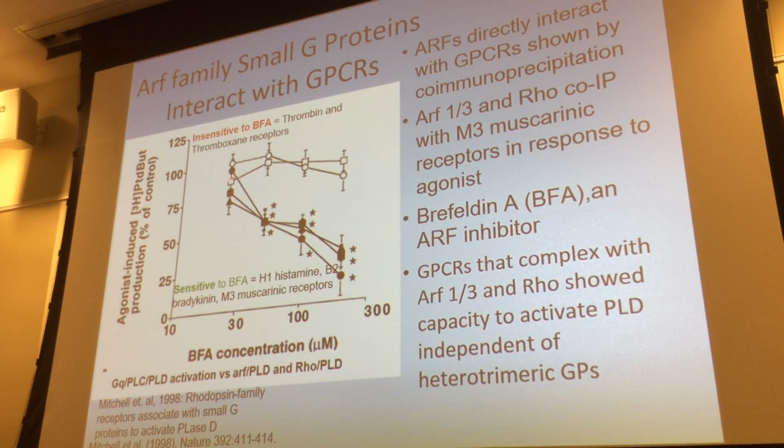So you can see that some of these hormones, in this case the H1 histamine, the B2 bradykinin, and the M3 muscarinic receptors, are all very sensitive to Brefeldin A in their production of this phospholipase D activity. So this is enzymatic activity, phospholipase D, breaking down the phosphatidylcholines.